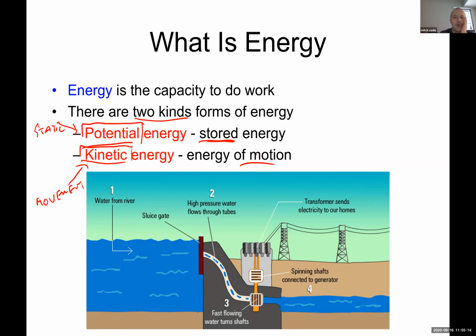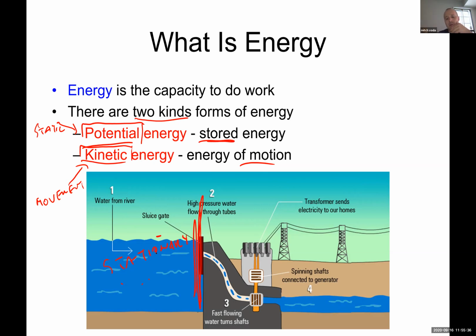Now, in an example right here, you see both forms of energy. The water behind the dam right here is stationary. This water stores a lot of energy. This energy is called potential. So the energy behind the dam is called potential energy.